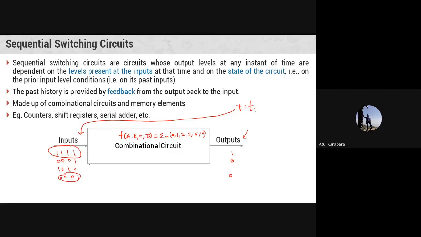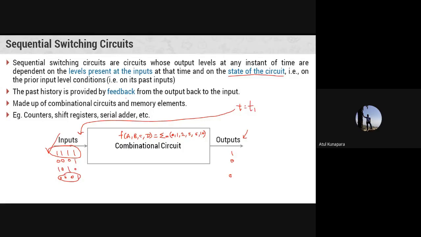That means what is coming on the input side, and at the same time it also depends on the state of the circuit. State of the circuit means the feedback provided by the past history, that is, what the output was before you gave this input. That is also considered in a sequential logic circuit.